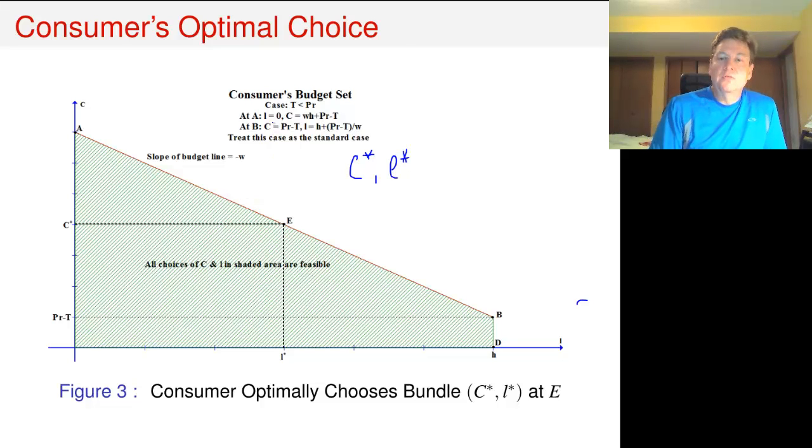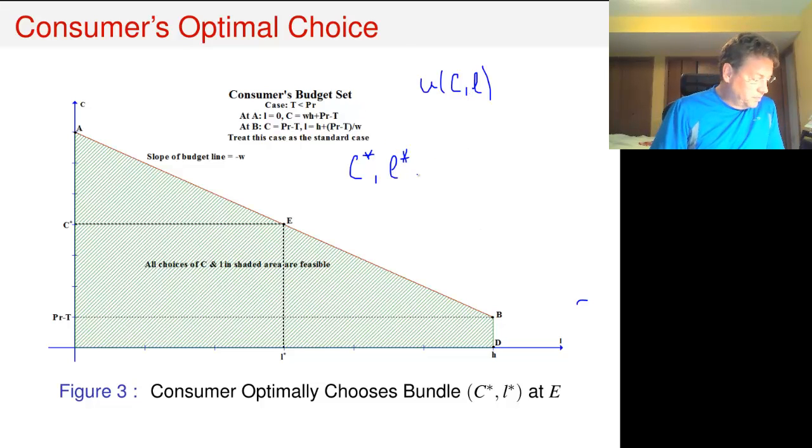Consumers' preferences, which are given by the utility function, U of C, L, determine the rate at which the consumer is willing to trade off leisure for consumption. Now, in an equilibrium, these two rates, the rate at which they're willing to trade off and the rate at which they can trade off, have to be the same.